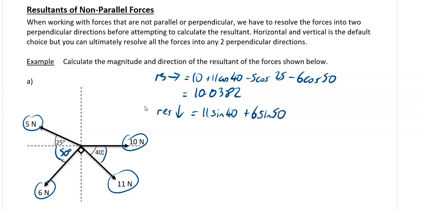Again, it's sine because I don't have this angle. And then going against that, which is going upwards, is 5 sine 25. When you work that out, to 4 decimal places, you get 9.5538.